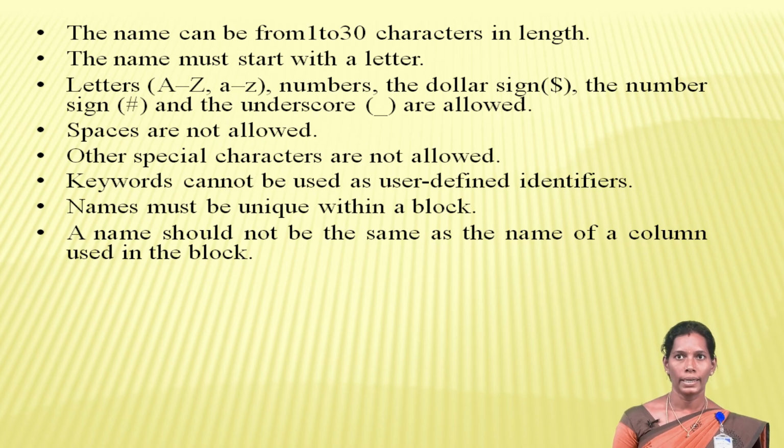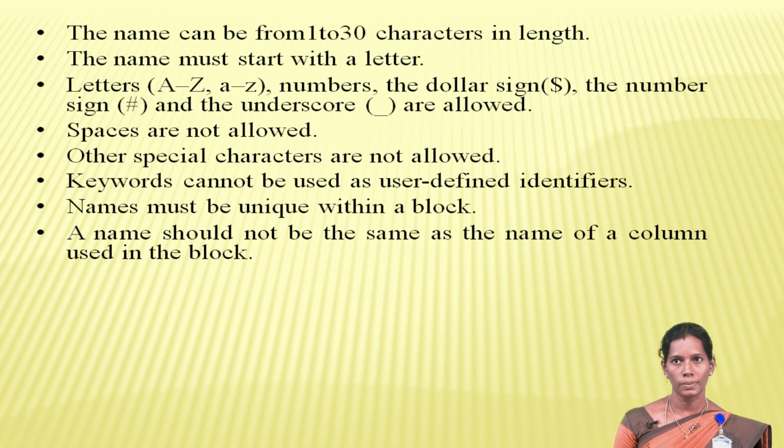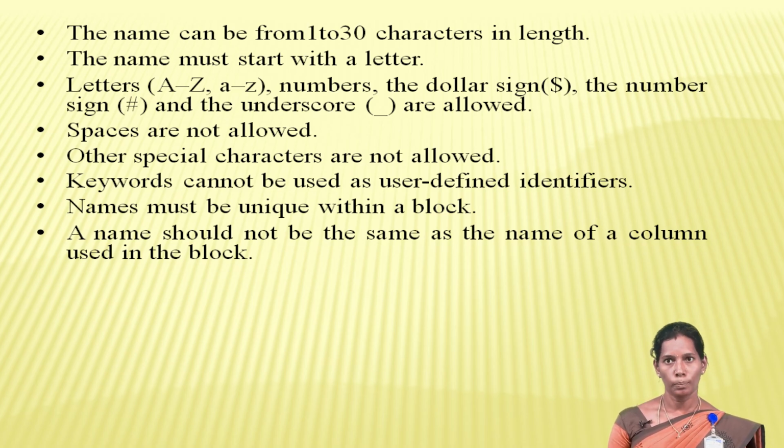Letters capital A to Z or small a to z, numbers, the dollar sign, the number sign, and the underscore are used. Spaces are not allowed. Other special characters are not allowed. Keywords cannot be used as user-defined identifiers. Names must be unique within a block. A name should not be the same as the name of a column used in the block.